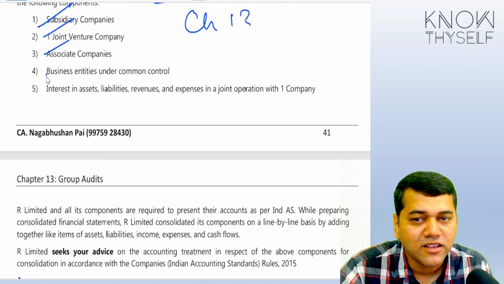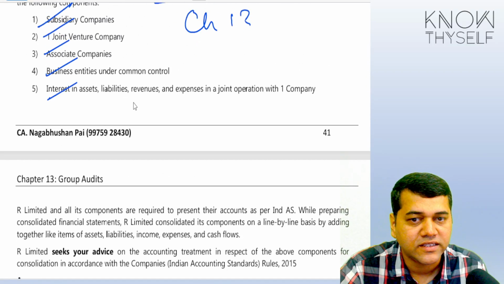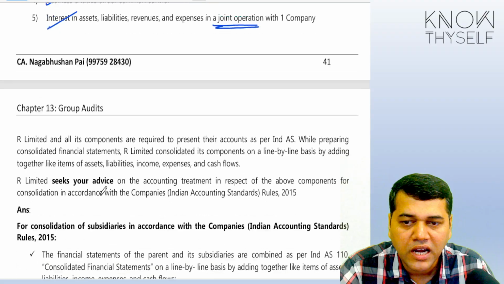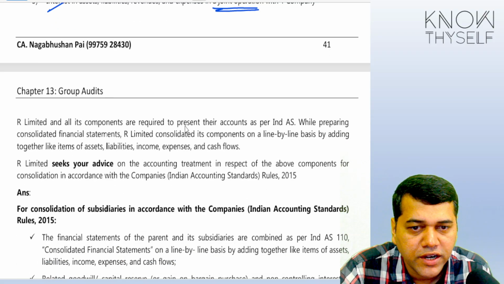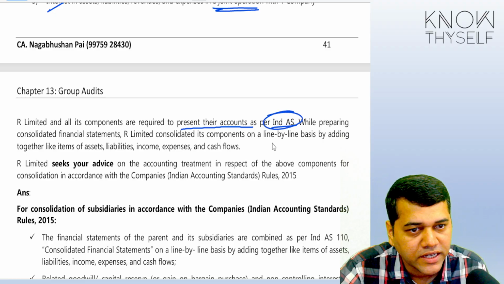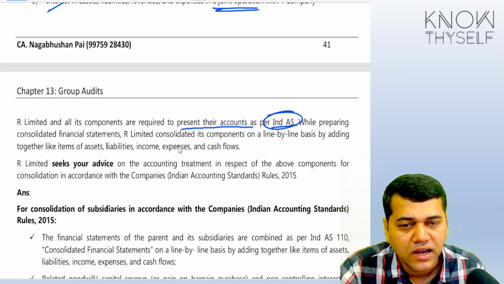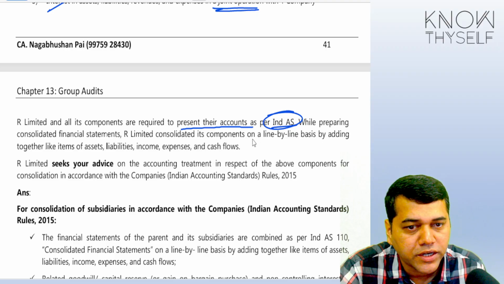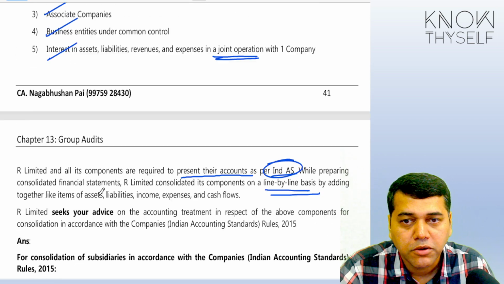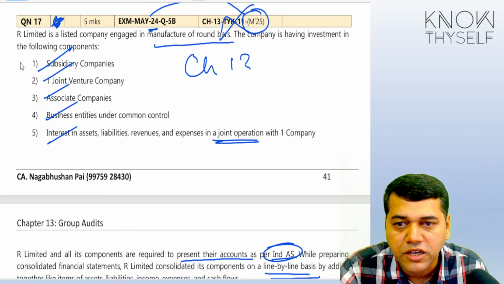Now, business entities under common control, interest in assets, liabilities, revenues in a joint operation. R Limited and all its components are required to present their accounts as per Ind AS. So they gave clarity. While preparing the CFS, R Limited consolidated its components line by line. Now, is it correct? No, wrong, because line by line basis is applicable only for subsidiaries.